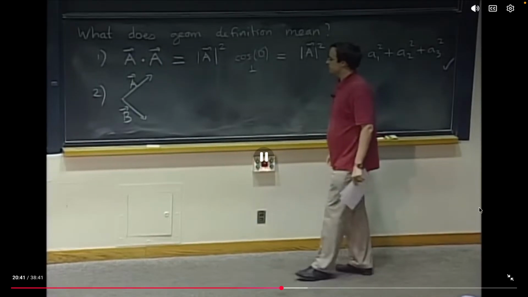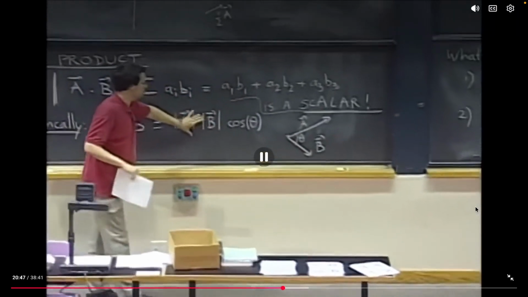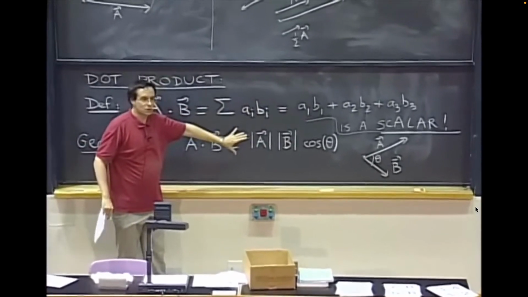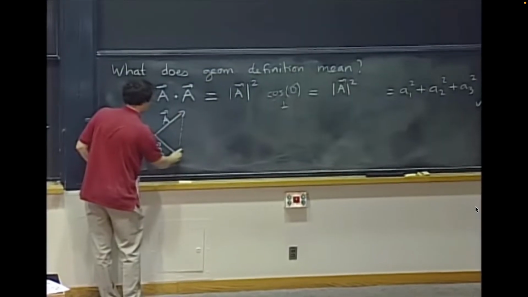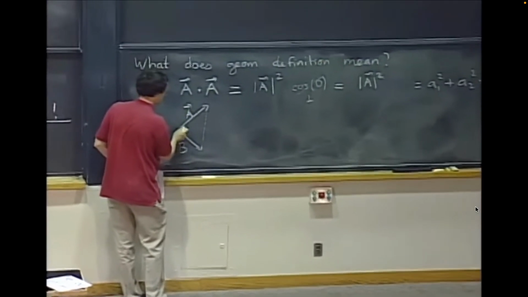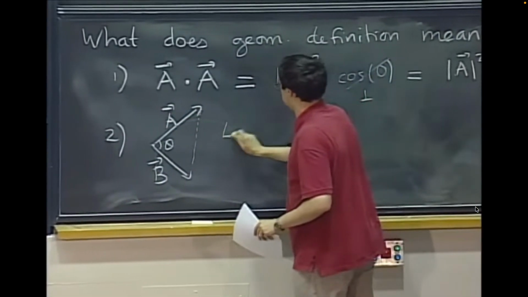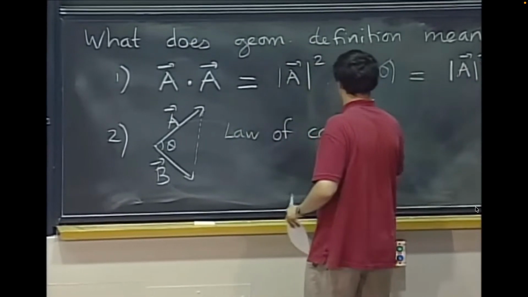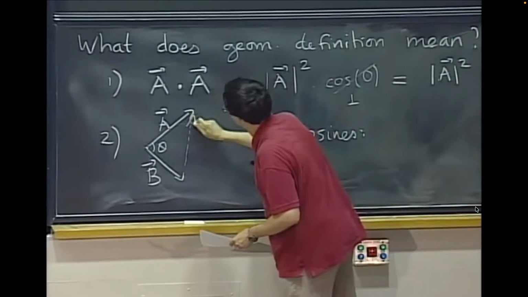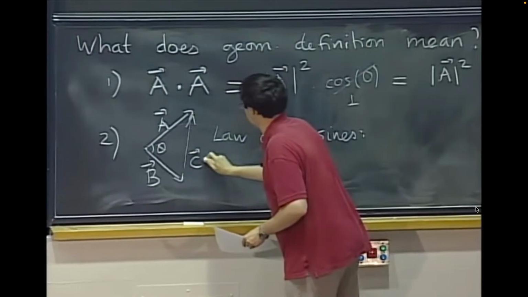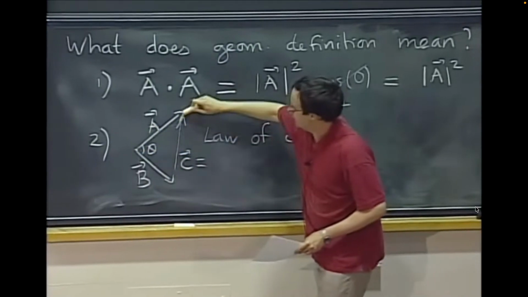So my claim is that we are going to be able to understand the relation between this and that in terms of the law of cosines. So the law of cosines is something that tells you about the length of the third side in a triangle like this in terms of these two sides and the angle here. Okay, so the law of cosines, which hopefully you have seen before, says that, so let me give a name to this side. Let's call this side C, and as a vector, C is A minus B. It's minus B plus A.